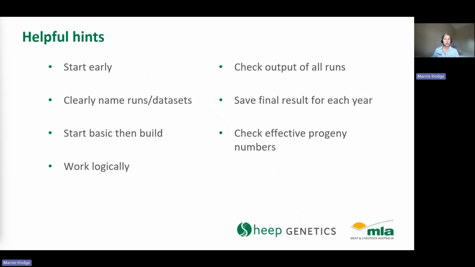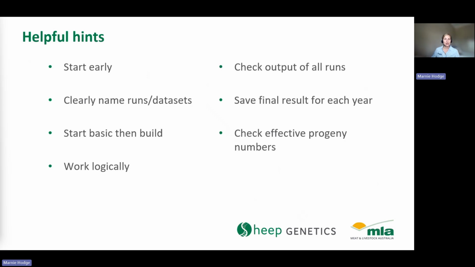We would recommend doing multiple runs, at least, let's say 4 or 5 if you're new to the process, and input more emphasis on certain traits just to try and really nail down that ultimate or optimized progeny performance that MateCell will spit out. You also really want to make sure that you clearly name your runs and the data sets that you're using. There's nothing worse than doing a MateCell run and then not remembering which sheep you actually inputted into that, or going away from the computer and coming back a few days later and trying to figure out what it was that you did in that particular run.